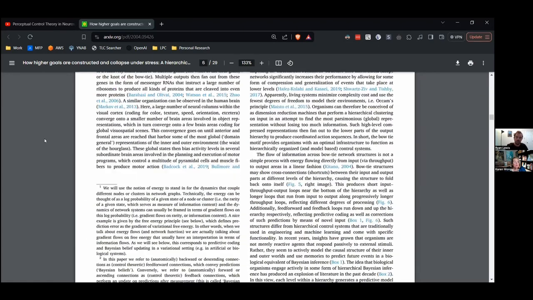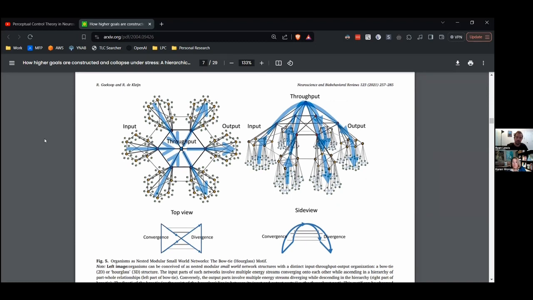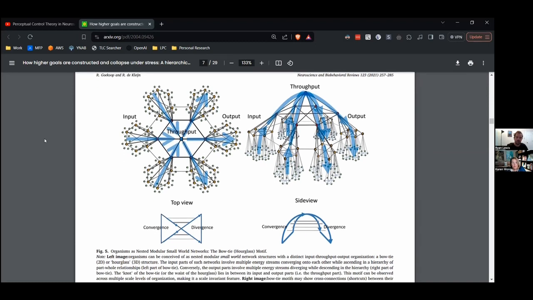And so if you go from there, now he starts talking about this thing he calls the bow tie or hourglass motif. And the idea is, let's say you just had a whole bunch of layers, like that first diagram I showed, a layer of controls and a layer of controls and a layer of controls all the way up, right?